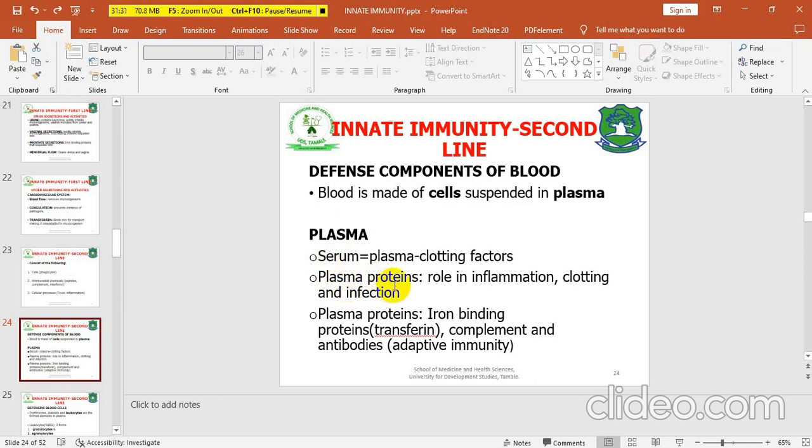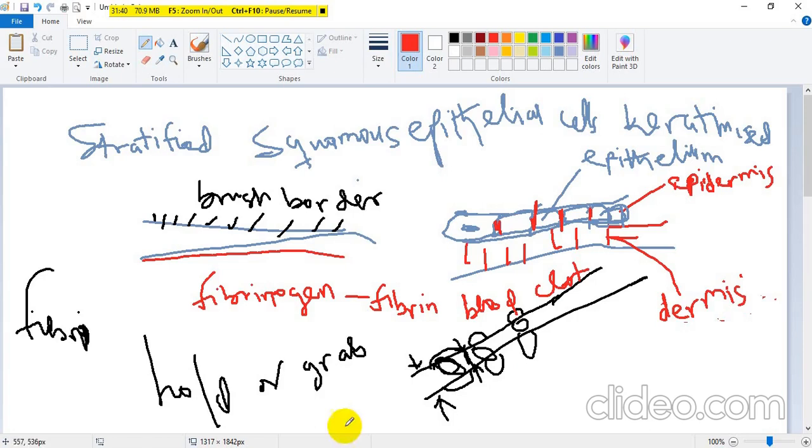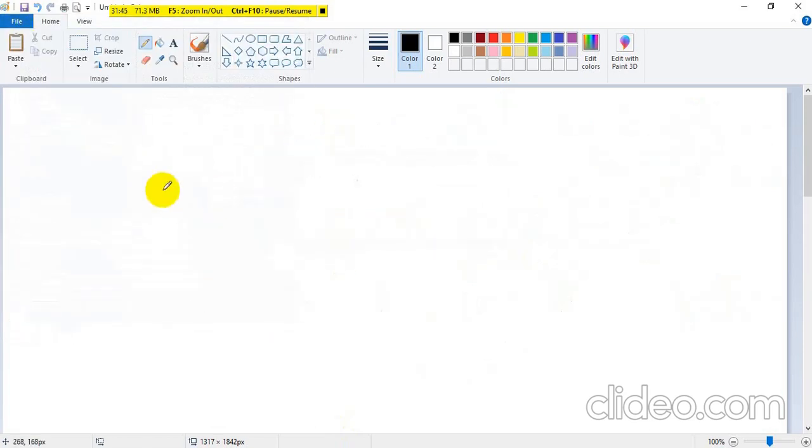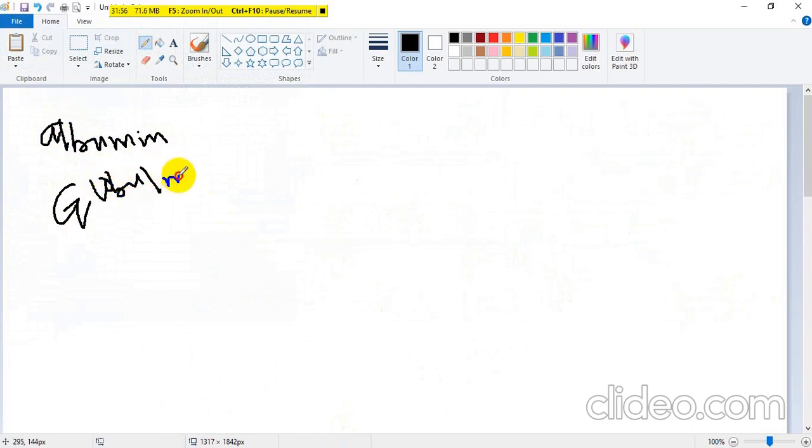Okay, so plasma proteins. In the blood you have proteins that are called plasma proteins. Examples are albumin, globulin, and total protein.